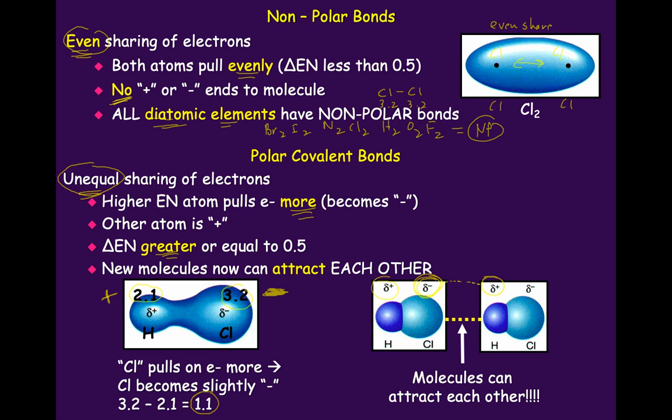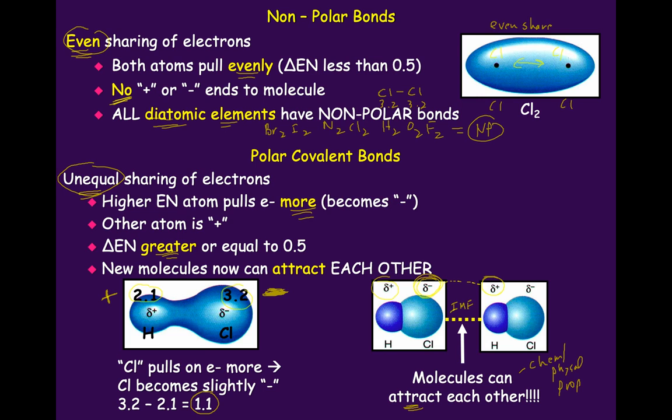This is an intermolecular force. You can have multiple molecules connect to each other like little magnets because they have those little ends. So now molecules can attract each other, and that's going to be a big deal for the chemical and physical properties. We're going to see this in class. A big deal.